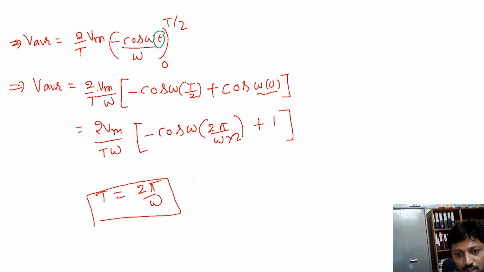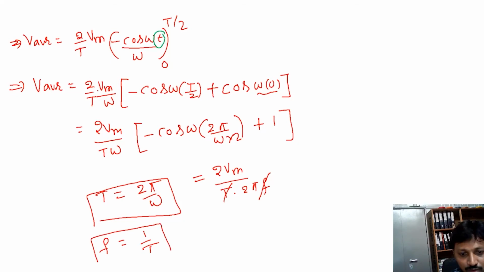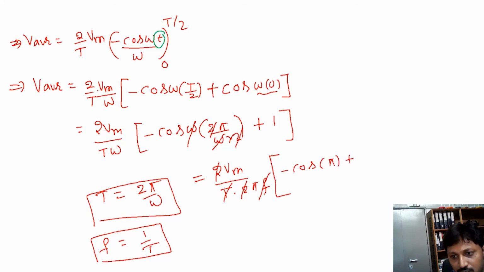So 2 Vm by T, and omega T I write as 2 pi f, the angular frequency. This T gets cancelled because f is equal to 1 by T. These two and these two get cancelled, and omega gets cancelled. So you have minus cos pi plus 1.